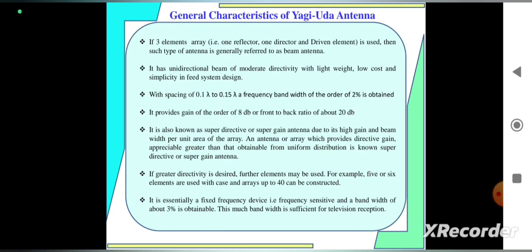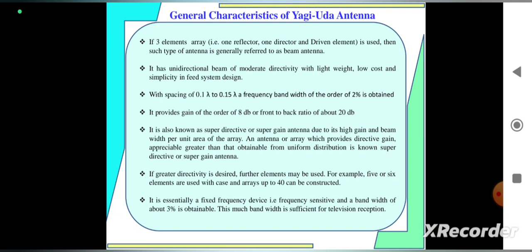With the spacing of 0.1 lambda to 0.15 lambda, a frequency bandwidth of the order of 2% is obtained. It provides a gain of the order of 8 dB and a front to back ratio of about 20 dB. It is also known as a super directive or super gain antenna due to its high gain and beamwidth per unit area of the array.